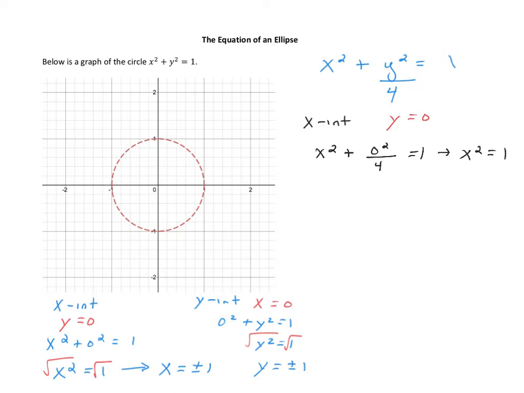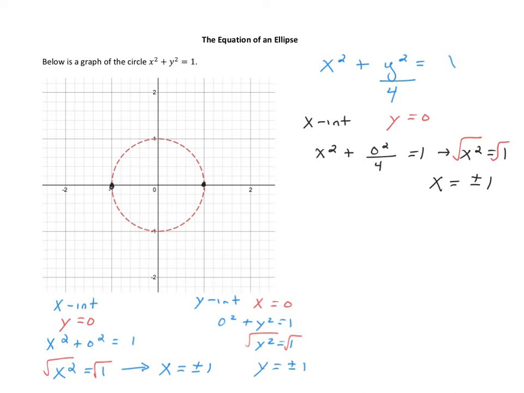And by taking the square root of both sides, you get two solutions again. You get x is equal to plus or minus 1. So on this brand new equation, the x-intercepts actually did not change. They're still at -1 and +1. So I'm going to mark a point here and here. So that's on this new graph.